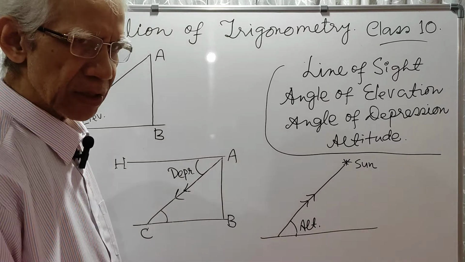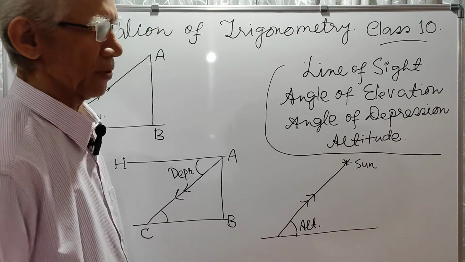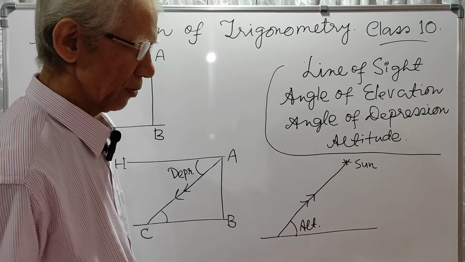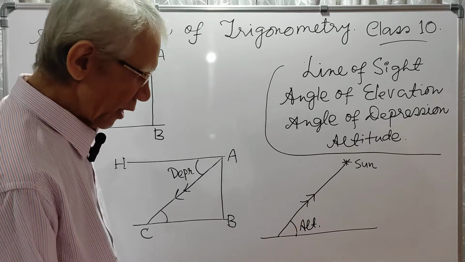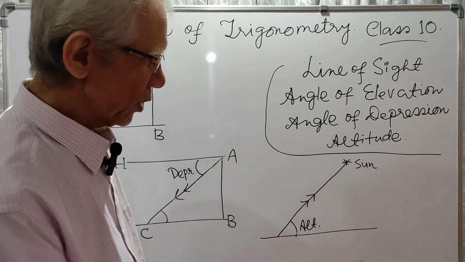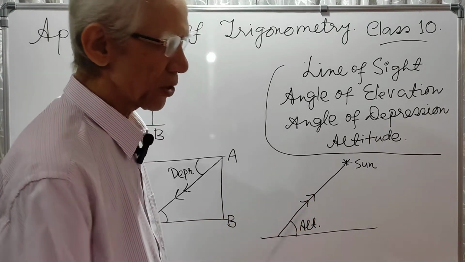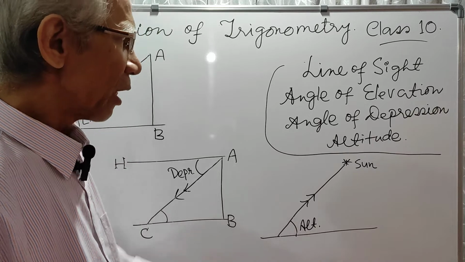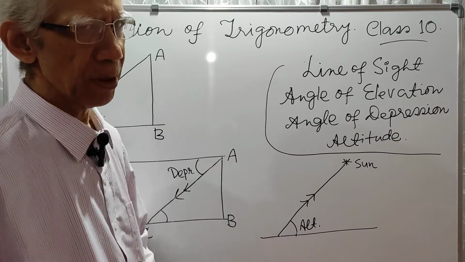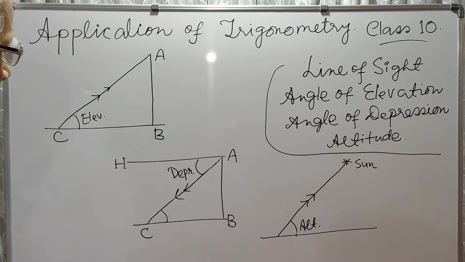Now in this case, we call it altitude of the star. So when you are looking up towards a star, for example the sun, then this angle of elevation is called altitude. So this is the altitude of the star or sun. Okay. So these are the important terms, which you will come across in numerical problems which we are going to solve.